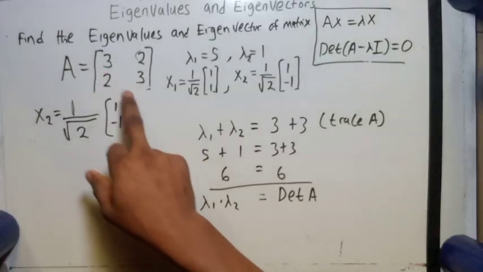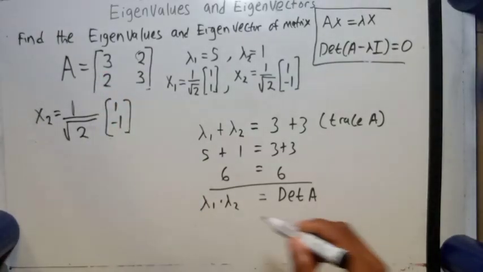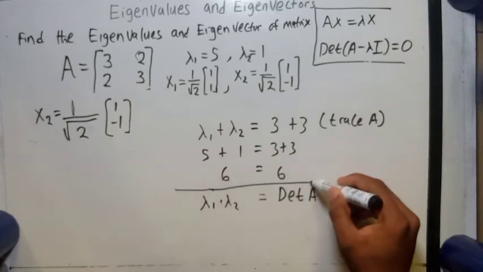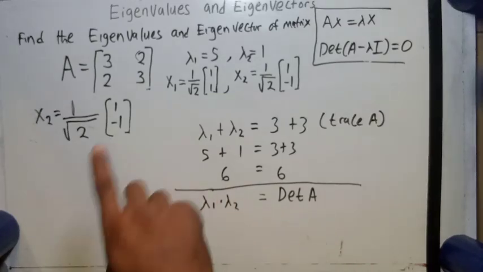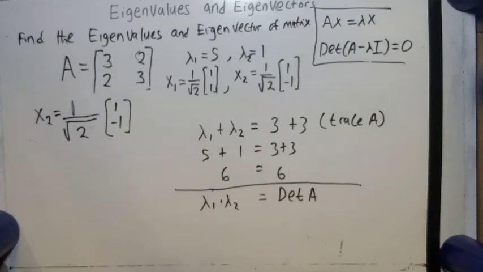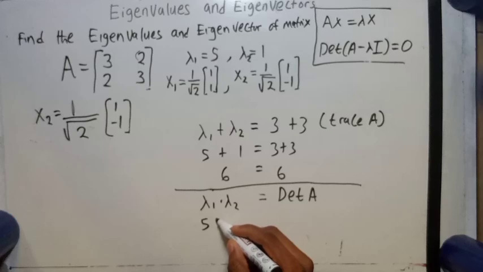So this can come in the form of an equation, so it's good that you know it. These are the properties of your eigenvalues and eigenvectors. Now when you multiply these two eigenvalues, it will definitely give you the determinant of your matrix. Let's confirm this. When we multiply these two, we have 5 times 1, which gives us 5.